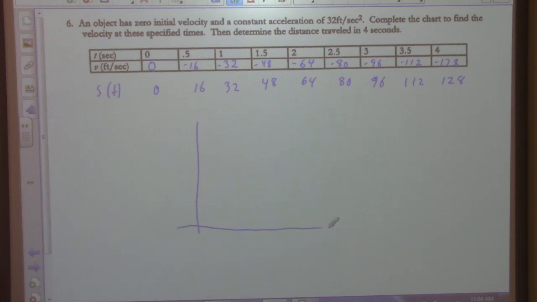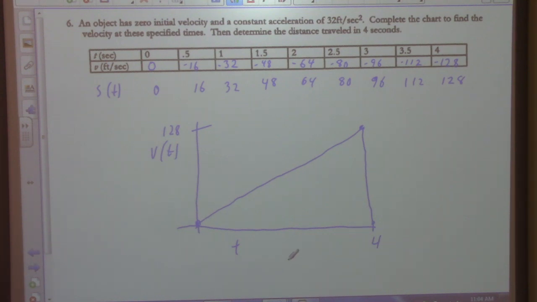Okay, here you have your t, here you have your v of t, and so here you're starting at 0, 0, and then here you're at 4 seconds, and you're at 128. What is the relationship between these two? Increasing, but increasing like this. So what is going to be your answer? Oh my goodness, it's a triangle.